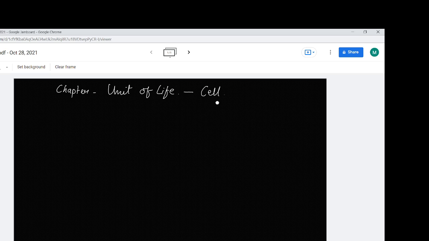So when we talk about cell, we will be studying about cell theory, the history of discovery of cell, the different shapes and sizes of cell, and also types of cell, prokaryote and eukaryote. And both prokaryote and eukaryote we will take up in more detail. So this is chapter number 8.